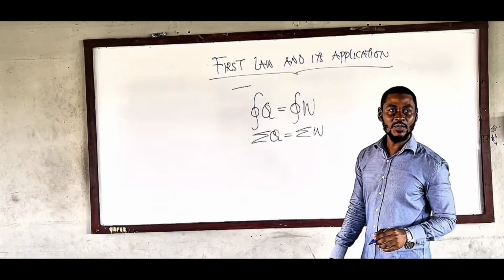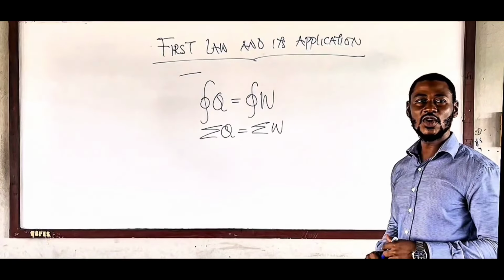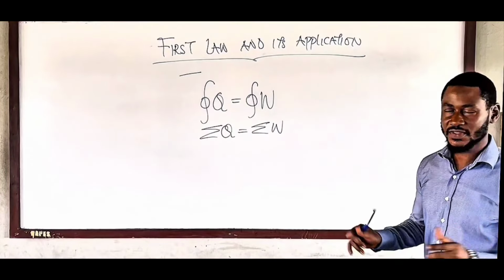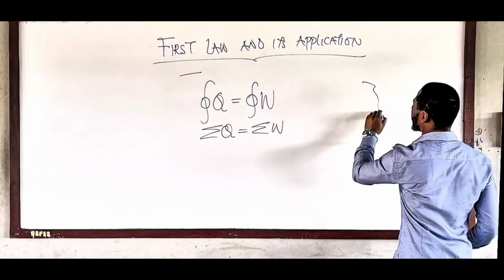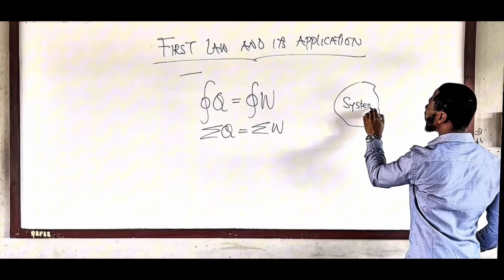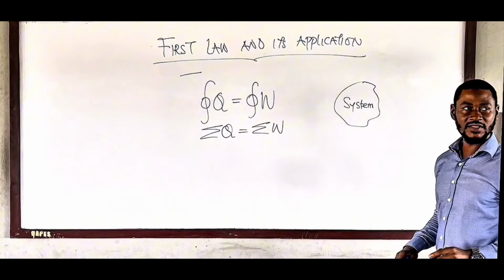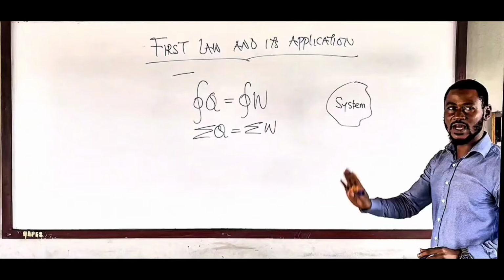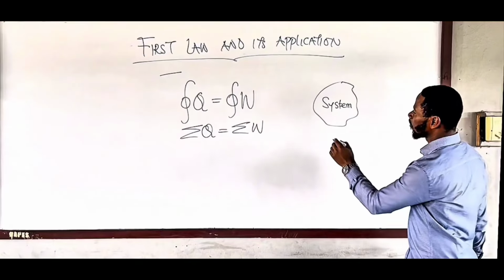Now let's take an example to analyze the first law of thermodynamics, a closed system. As we all know, a system is a region in which thermodynamic analysis is being carried out. Let's consider it for four processes.